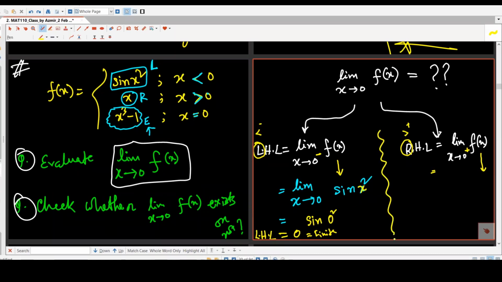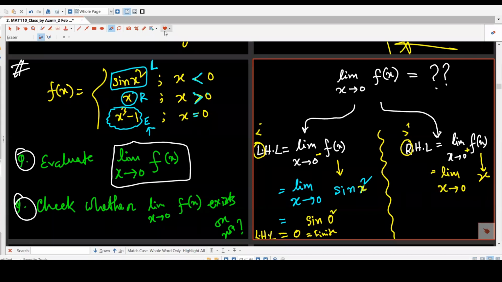So let's check the right hand limit also. Limit x tends to 0 plus. The rightward function is just x. That's the reason I wrote L and R at first.